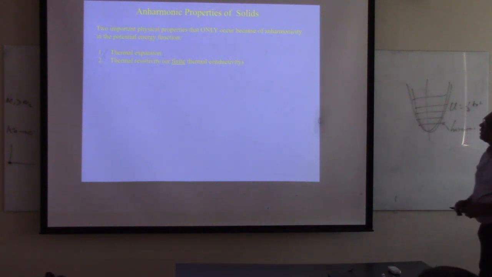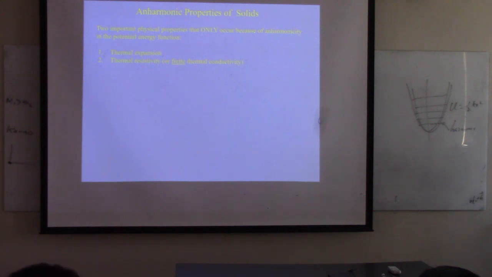Because if you take thermal expansion, what does thermal expansion mean? If you look at the average displacement, if it is expanding, that average value should have a finite value, right? But if you calculate your average x, how do you calculate an average value typically? Boltzmann.